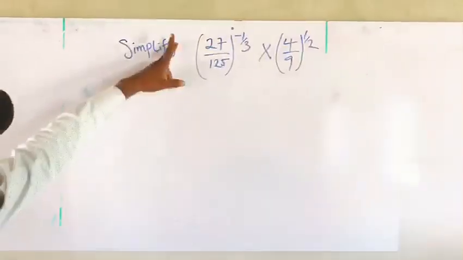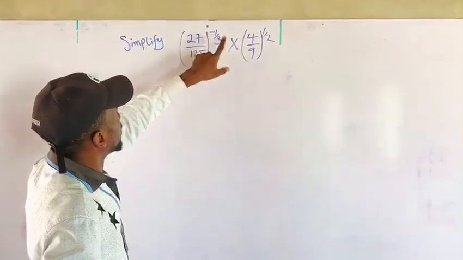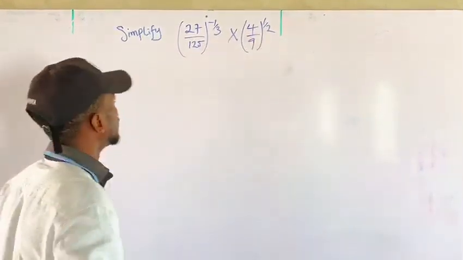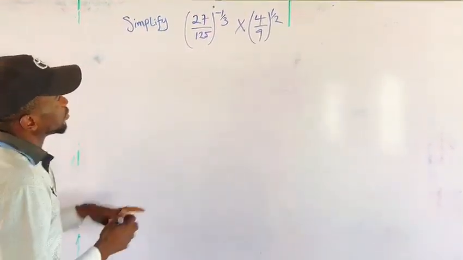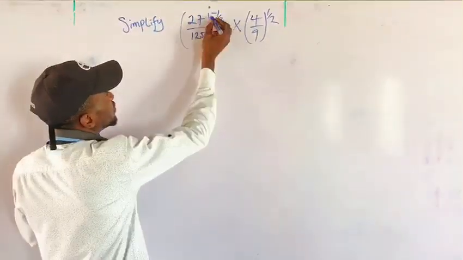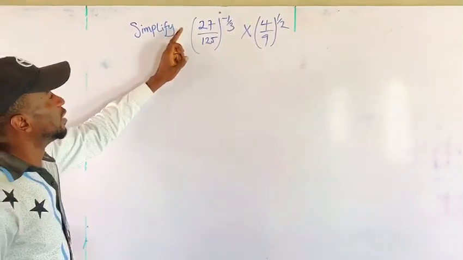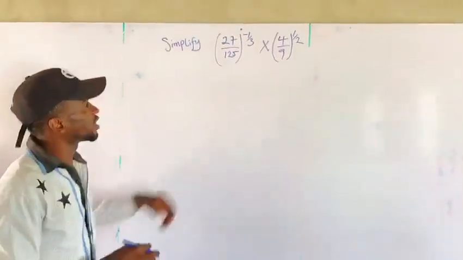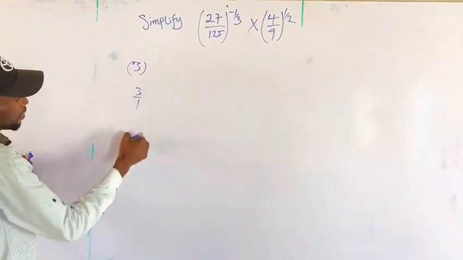5. This question says simplify 27 over 125 raised to the power of minus 1 over 2 times 4 over 9 raised to the power of 1 over 2. Now, let's start with this guy here. Trying to solve this with the negative is going to give us a problem. I told you whenever you have indices with a negative power, if it's not a fraction, like 3, you try your best to make it a fraction, which is 3 over 1.